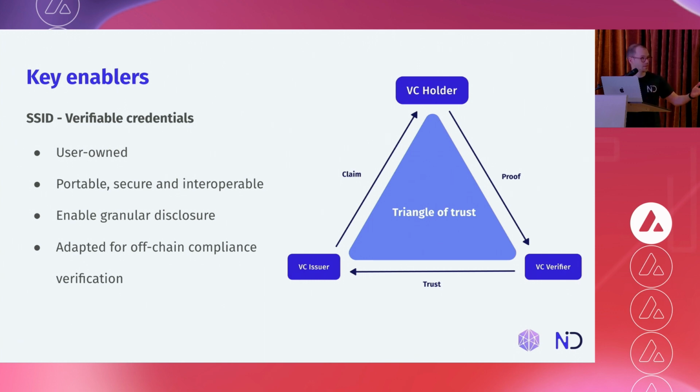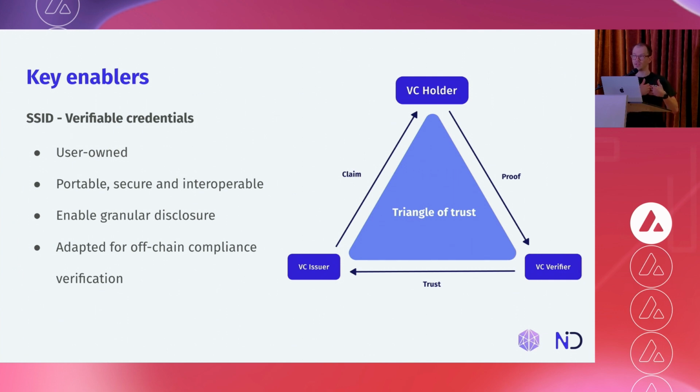So, for instance, a holder can ask a government institution to issue him a verifiable credential that proves that he's 25 years old. And then the user will get that verifiable credential and use it against many applications that want to verify that the user is older than 18.